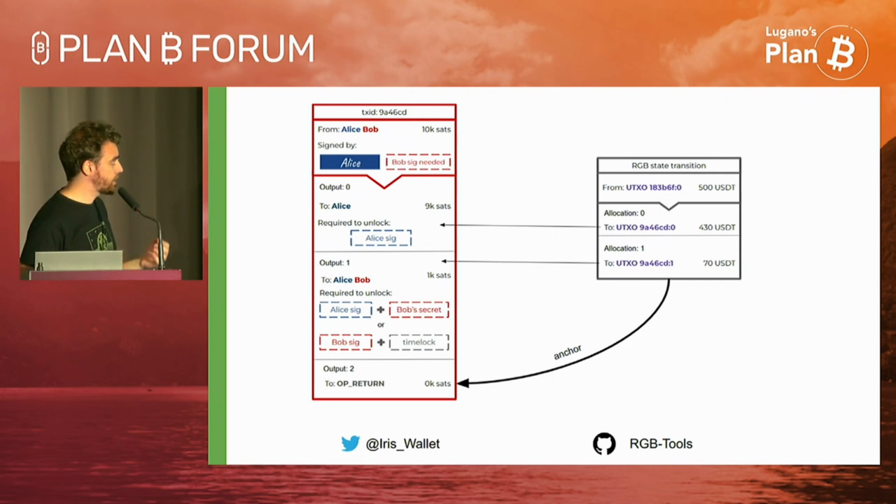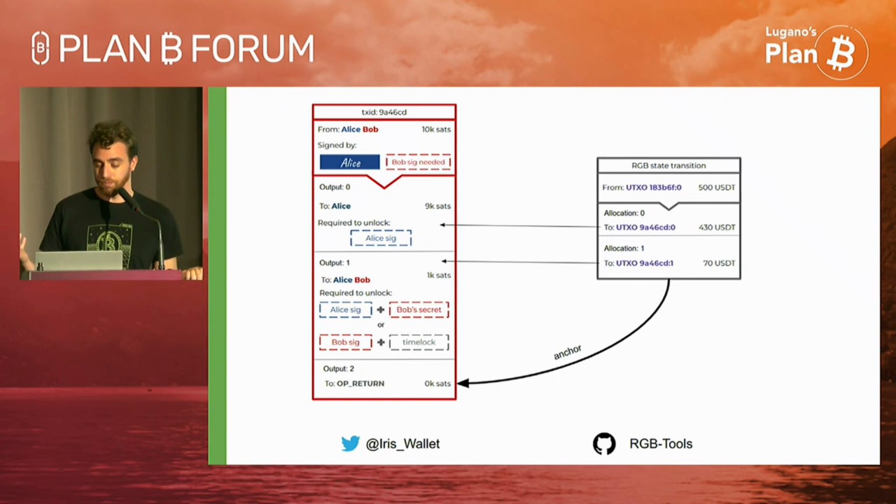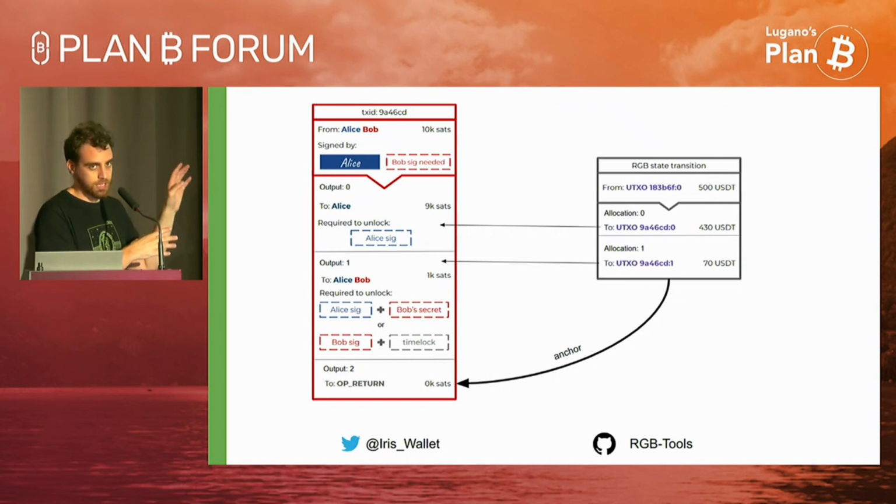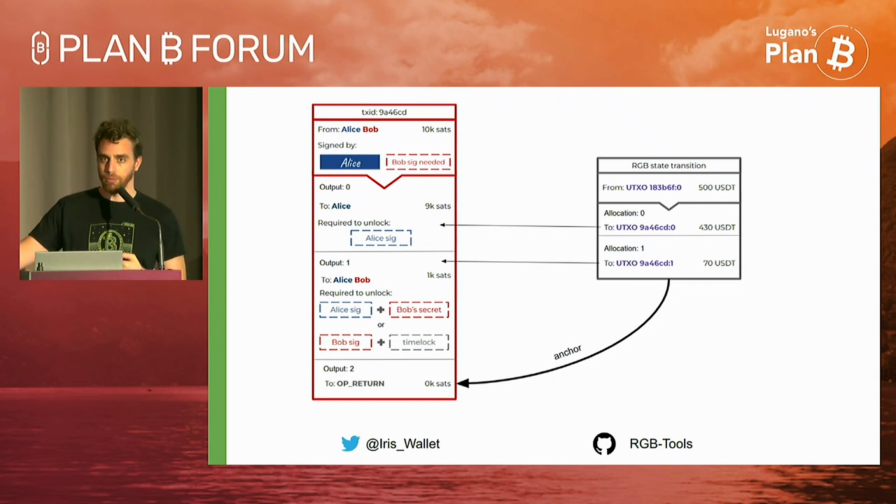How many Satoshi do we need to have in each of these transactions? Not much, just a few thousand, to be able to always produce outputs that are above the dust limit. So if we go on chain, those are outputs that actually exist on chain and they can be spent and confirmed and then later on spent. So the amount of Satoshi is not proportional in any way to the amount of assets you're moving.